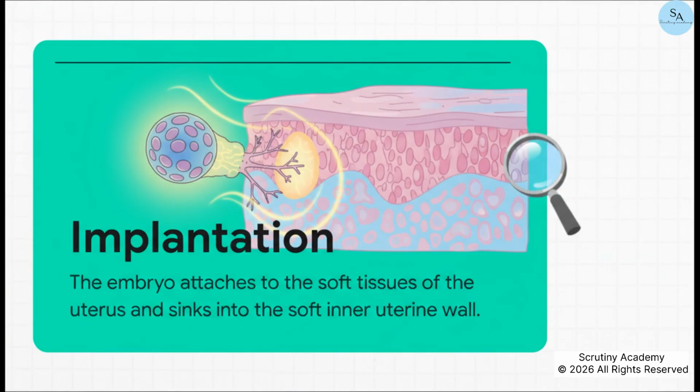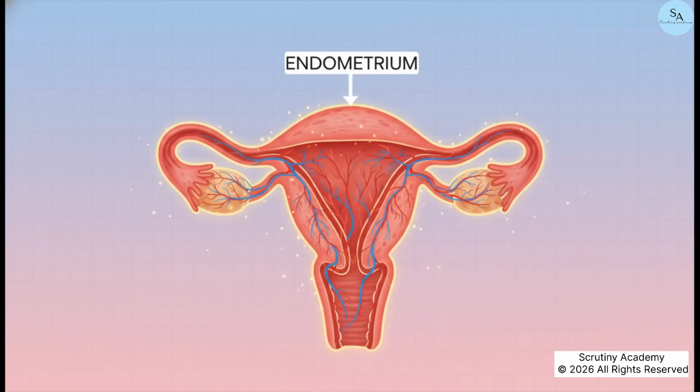Implantation is the process where the embryo, which has been dividing and growing, finally reaches the uterus and literally embeds itself into that soft, prepared uterine wall. Remember how we said that uterine lining gets all thick and ready? Well, this is why. The entire point of that preparation is to provide nourishment and a stable, safe home for the embryo. Without that thick endometrium, implantation just can't happen.